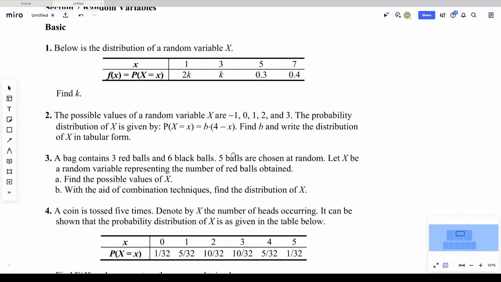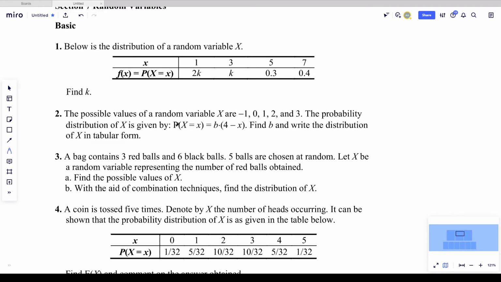For the next one, they give you the formula for finding the probability given x. So when you have -1, 0, 1, 2, and 3, let me confirm. Oh, okay, this makes sense. So you put -1 inside, you put 0 inside, 1 inside, 2 inside, 3 inside, and you get the probabilities.